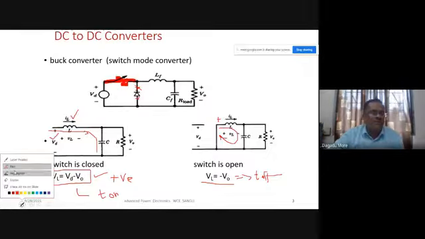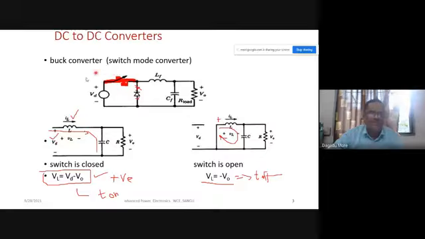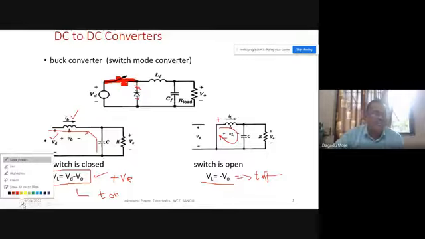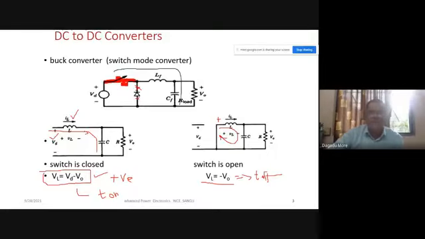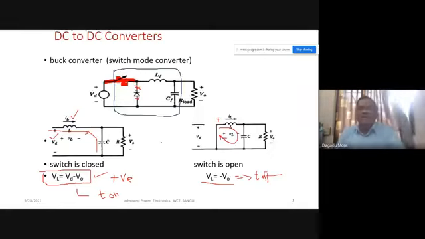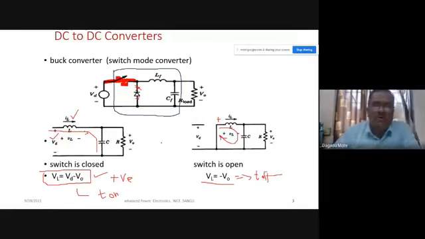The input voltage is not a part of it. So this is the part of the converter. How many components come under the converter? These are the components: one is a switch, another is a diode, third is an inductor, and fourth is the capacitor.